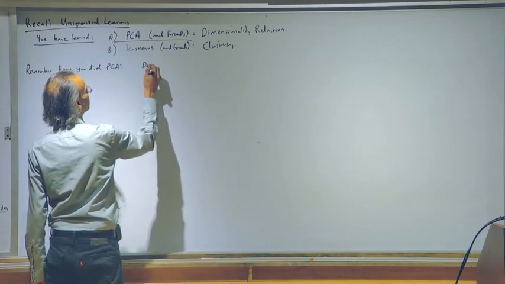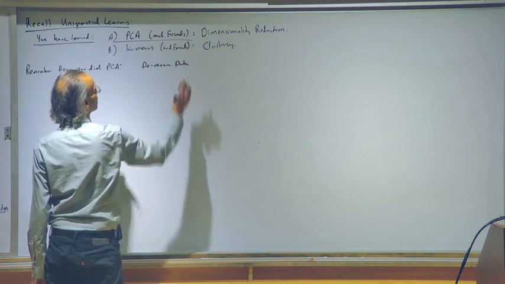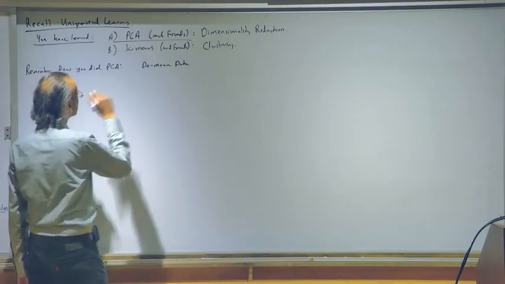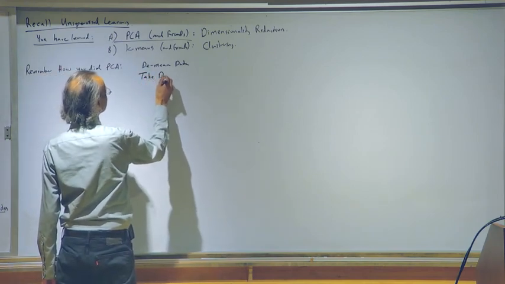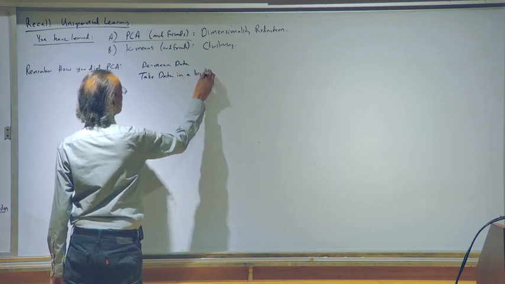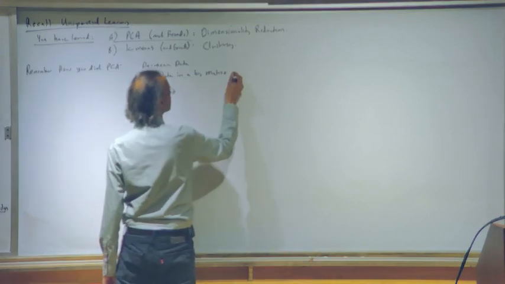You first look for a center. We're less interested in that. Then what you did was you take your data in a big matrix and you computed the SVD.